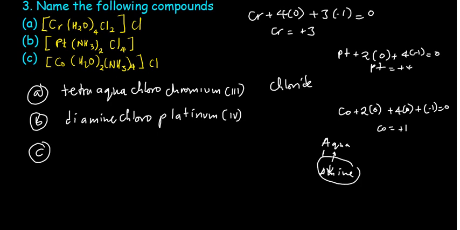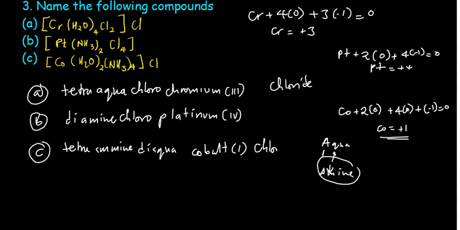How many are there? There are 4, so that will be tetraammine. And how many water molecules do we have? We only have 2. So that is going to be diaqua. And then we go now to the cobalt. What's the charge of cobalt? What have we found out? That has given me a 1. So that is cobalt(I) and then chloride. So that is it. If this was a 3 here, the charge of cobalt would have been also 3, so we could have said cobalt(III) chloride.